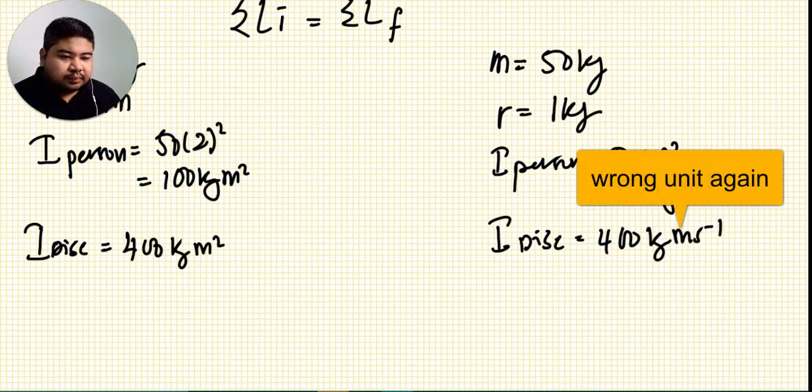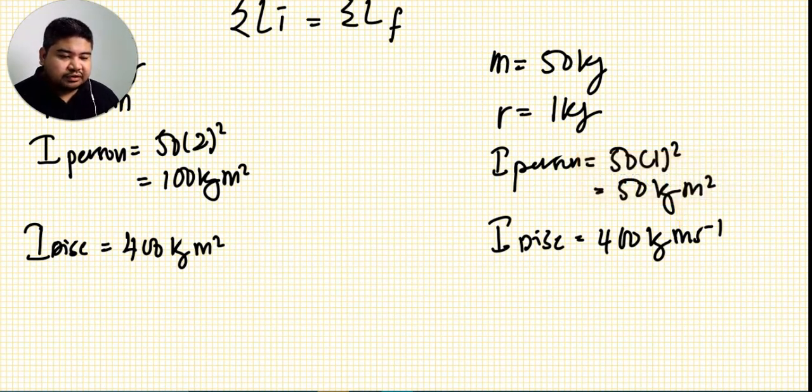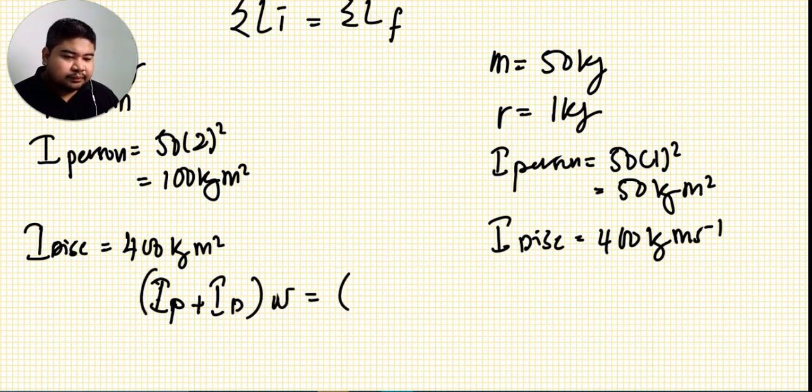To find the new angular velocity of the disc, we apply the conservation of angular momentum. Because both the person and the disc are rotating with the same angular velocity, we have I of the person plus I of the disc, times omega initial, equals, after the person has moved closer to the rotational axis, I of the person plus I of the disc, times omega final, since they're still moving together.